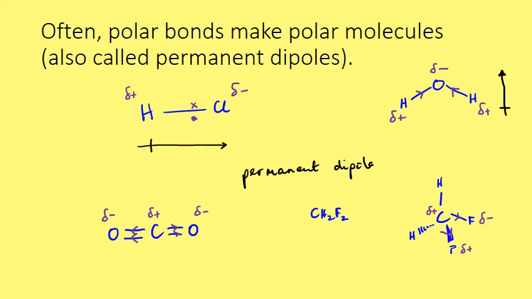And indeed, that delta positive might just draw these electrons towards itself a little bit, but it would remain delta positive because fluorine is the dominant force here. And so our permanent dipole arrow would be drawn like this. So we've got the direction that I've drawn there from positive to negative, going from the left to the right in the direction of that arrow. That would indicate our permanent dipole.